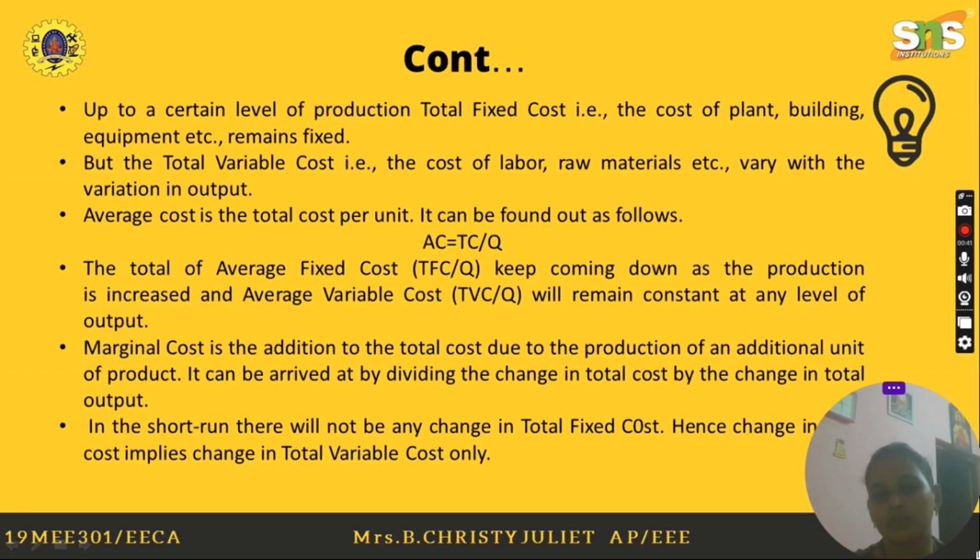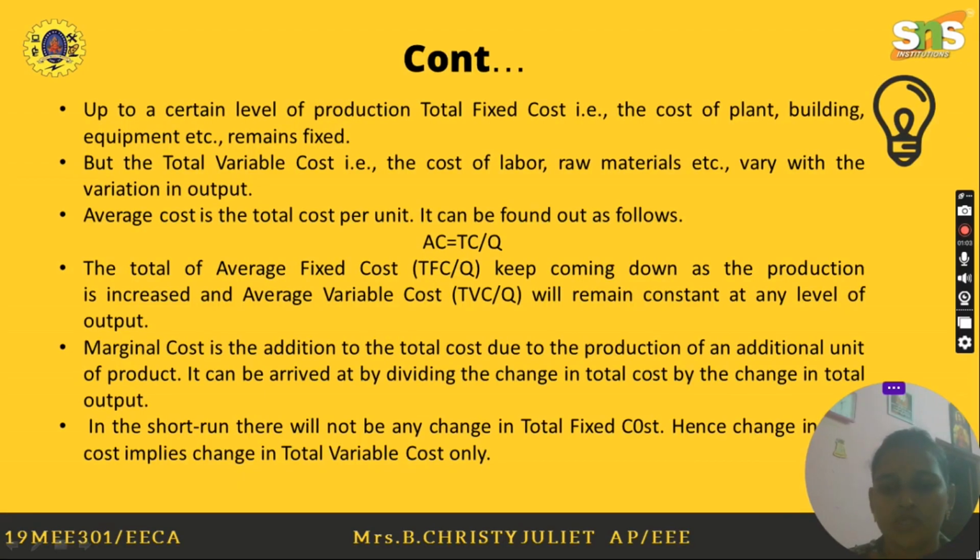So the total variable cost will vary as per the variation in the output, and also the marginal cost and associated fixed average cost will change. So in short run, there will not be any change in total fixed cost, because the fixed parameters will remain constant for a short run period.